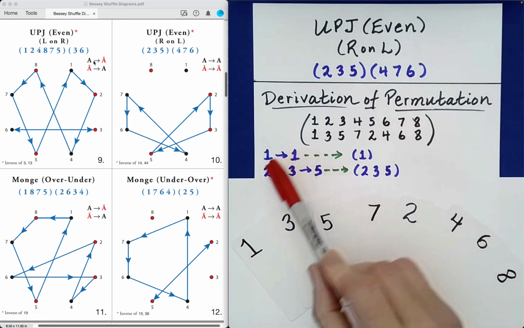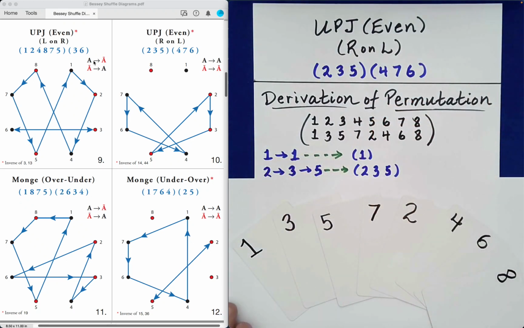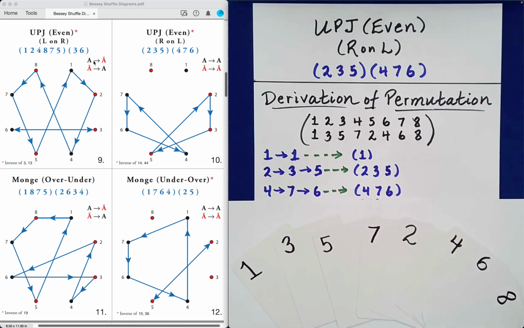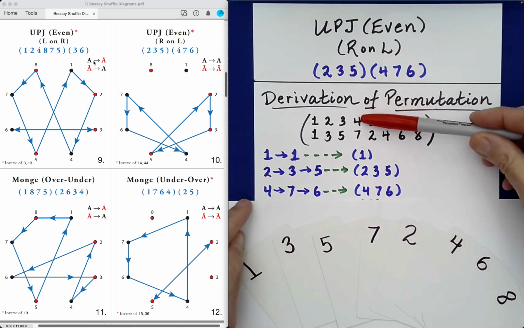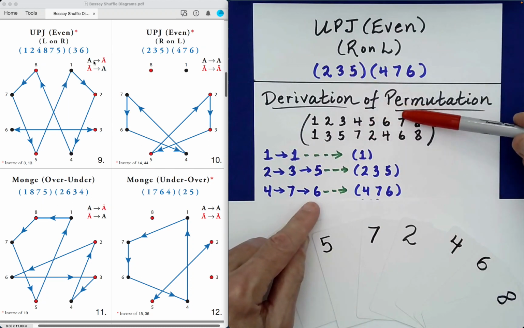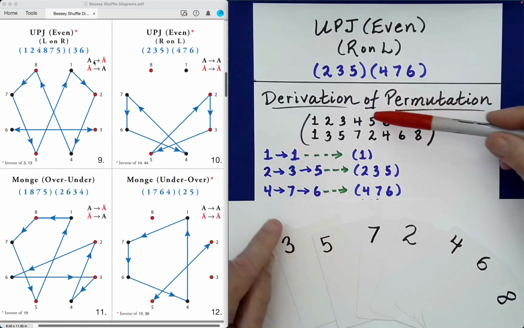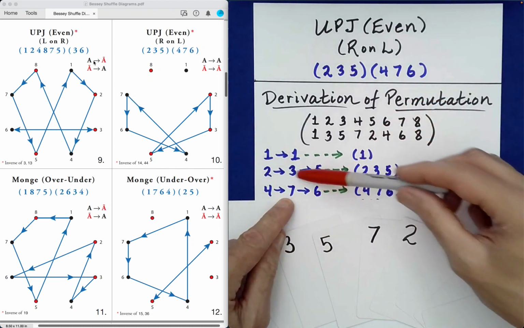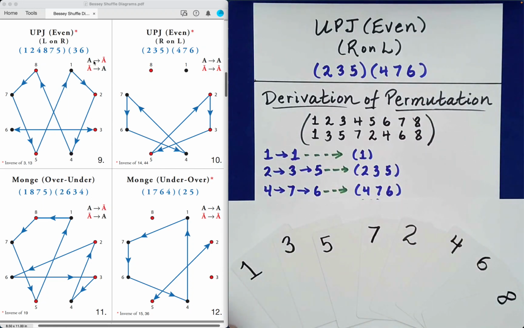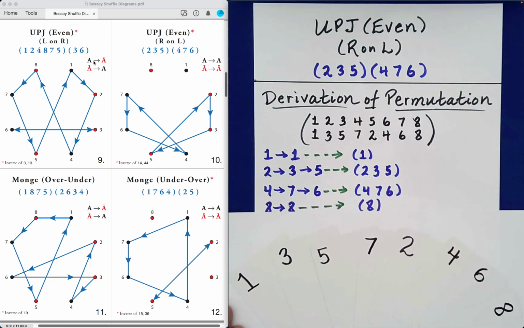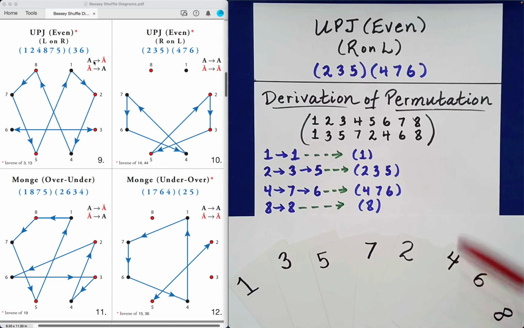So it wraps around, and that completes that cycle. It's a 3 cycle. Similarly for 4, 4 gets sent to 7, 7 gets sent to 6, and 6 gets sent to 4. So it wraps around. That's a second 3 cycle. And then we have just one more fixed point. Whatever's in position 8 will stay in position 8 regardless of how many times you perform that shuffle.